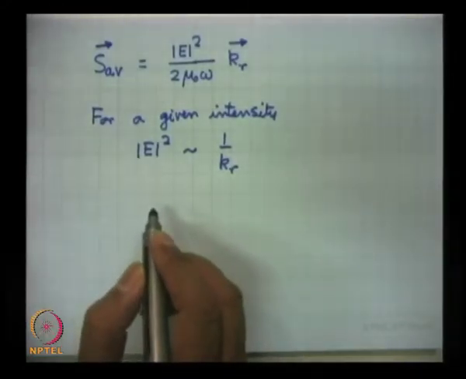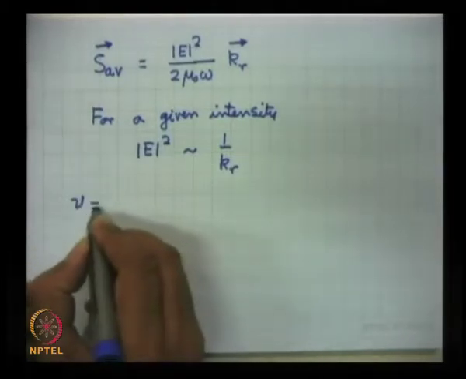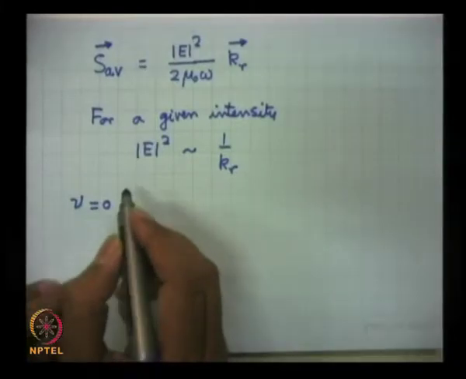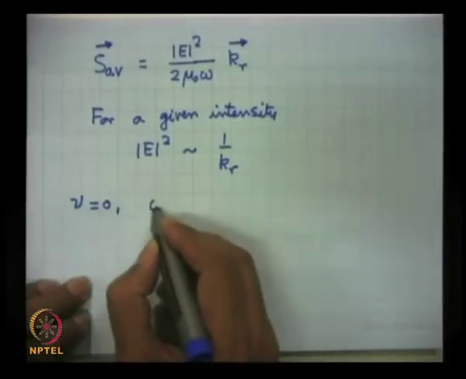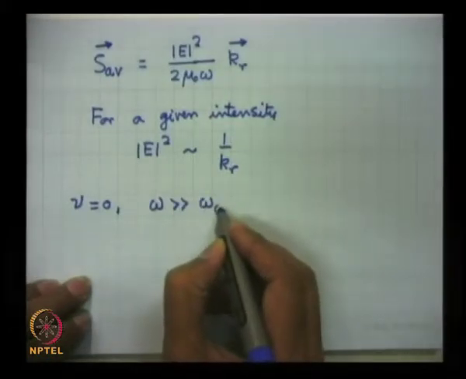For the sake of simplicity, we can easily ignore nu to get some insight into the wave propagation, and let us consider the frequencies to be much bigger than the ion cyclotron frequency.